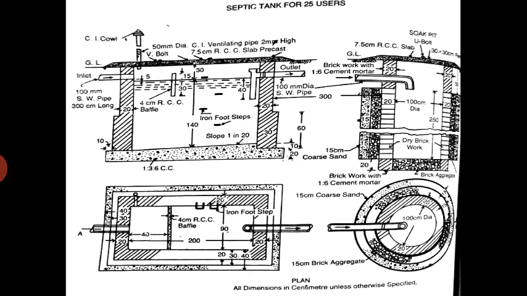The second class bricks are placed with 1:6 cement mortar. And the middle portion is made up of dry brickwork.